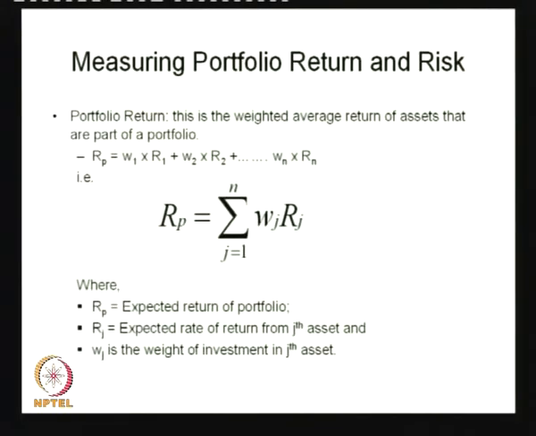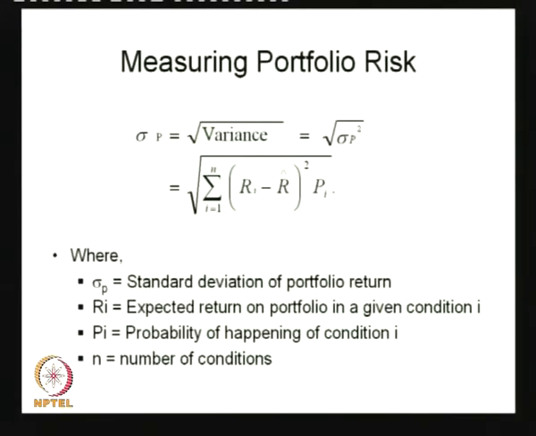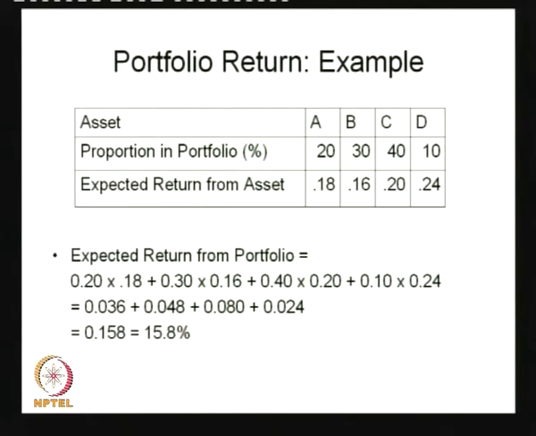So, we can look at another example where we have got 4 assets, where 20% of investment is in A, 30% of investment in the asset B, 40% in C and 10% in the asset D. And the expected return from each asset is like this, that means 18%, 16%, 20% and 24%.